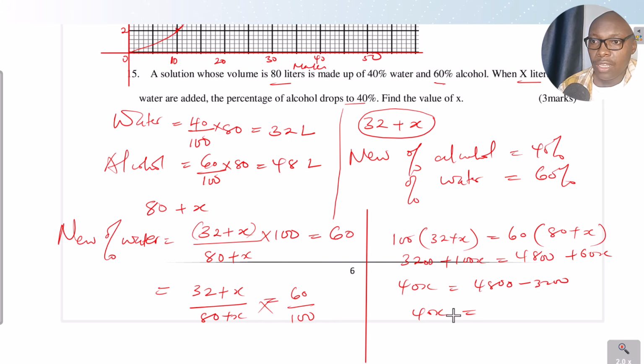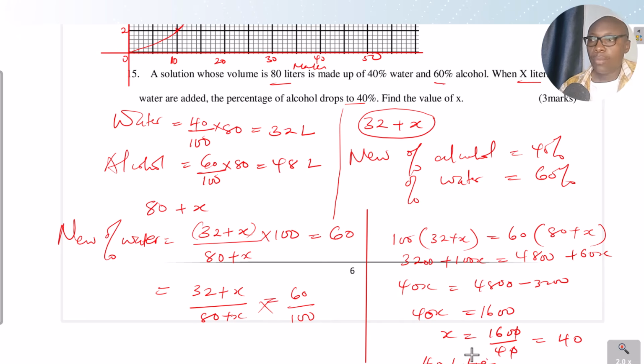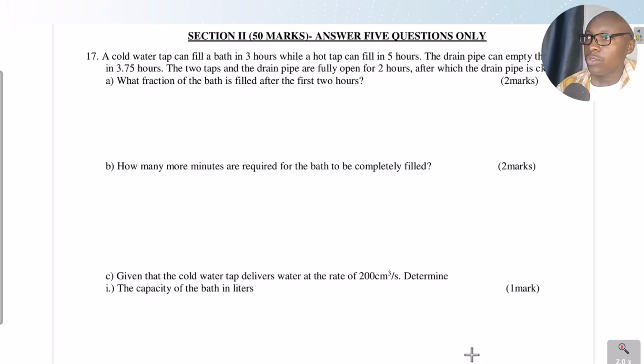So this one will give 40X equals 1600, and therefore X will be 1600 divided by 40, and this will give 40. So the new liters that were added is 40 liters. So that is how you're supposed to work out that question.